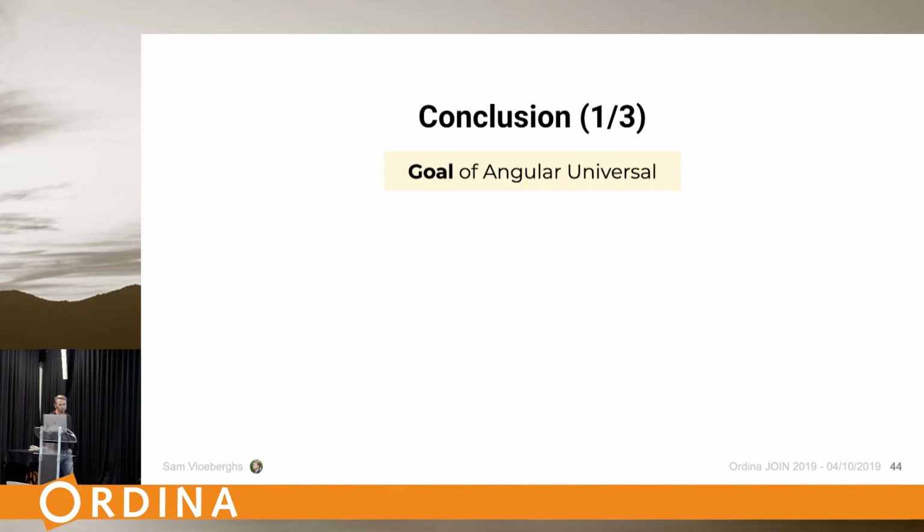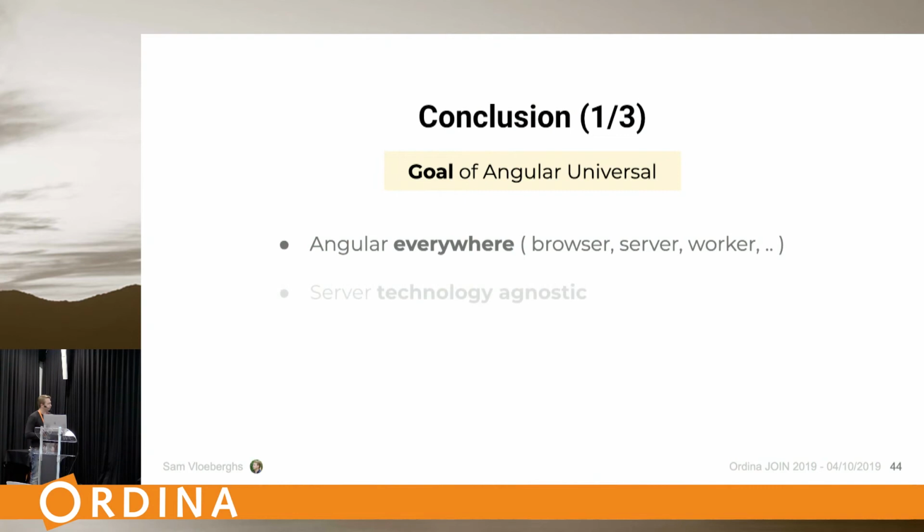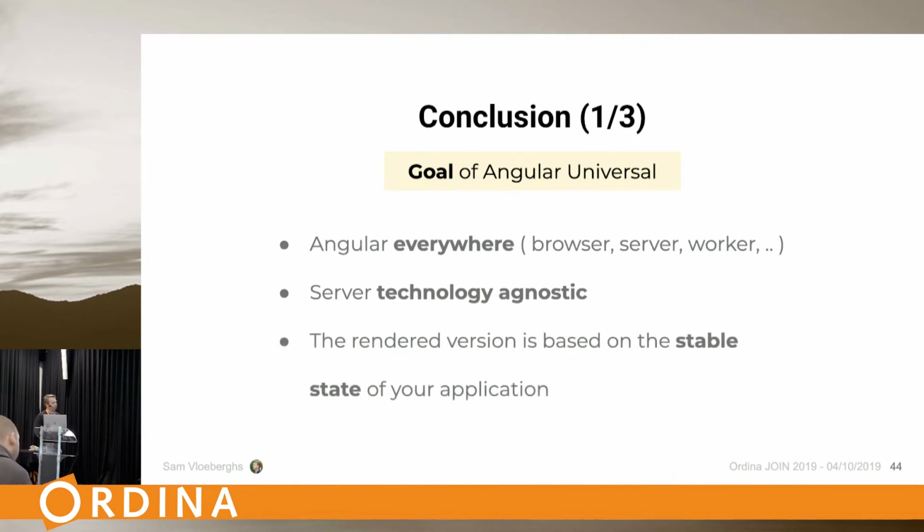So, let's conclude. The goal of Angular Universal is to run Angular everywhere, in the server, in the browser, perhaps in the worker if you really find the case. We use it to run Angular server-side and technology agnostic. The rendered version of our application is always based on the stable state of our application.